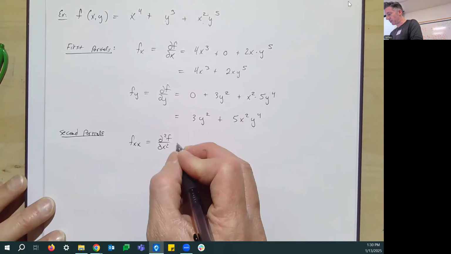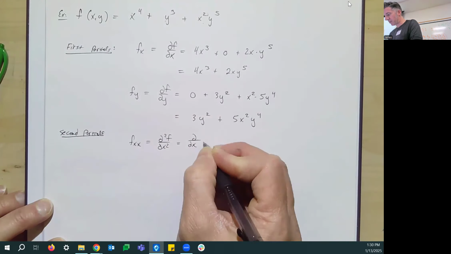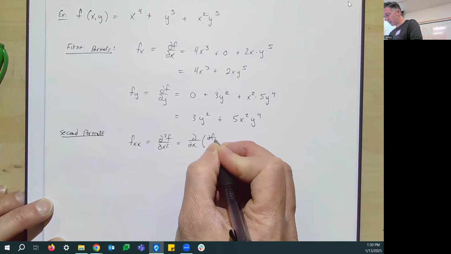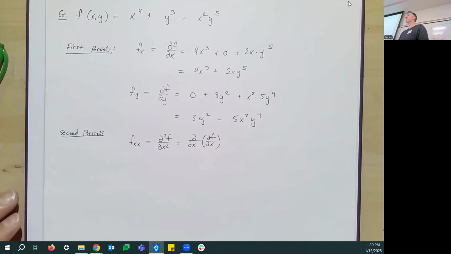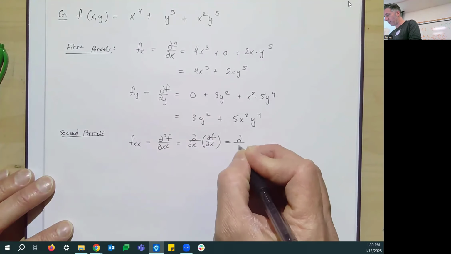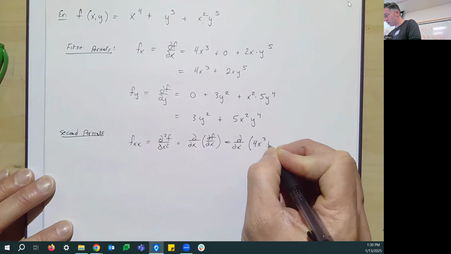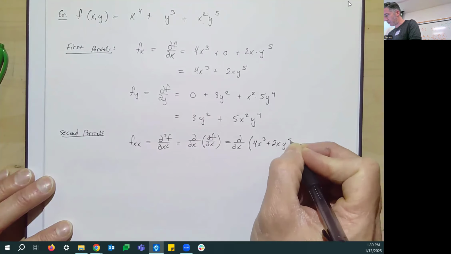I'm going to write it one more way. It's del x of del f del x. We already know what del f del x is. It's written on the page. So this is the partial derivative with respect to x of 4x cubed plus 2xy to the fifth.